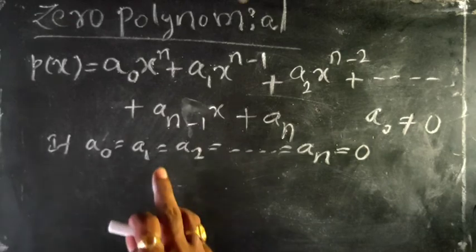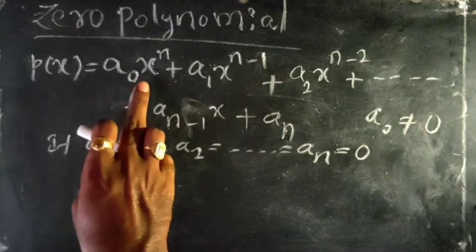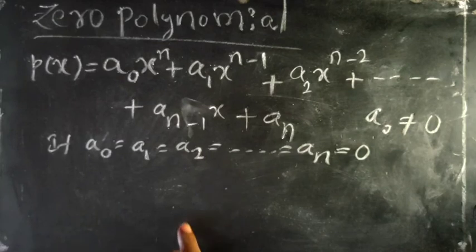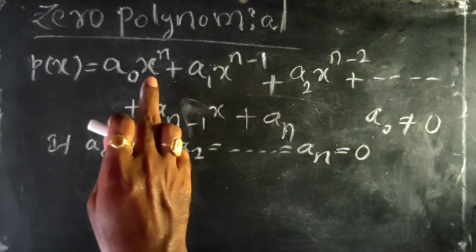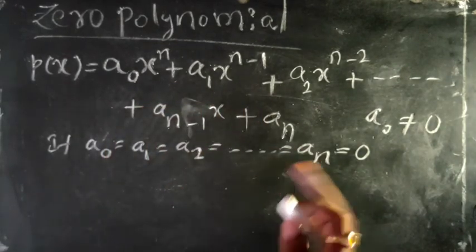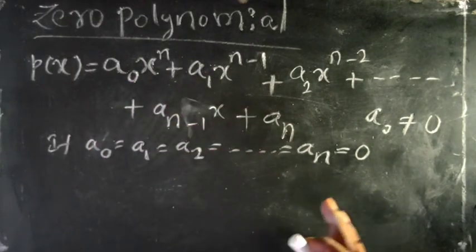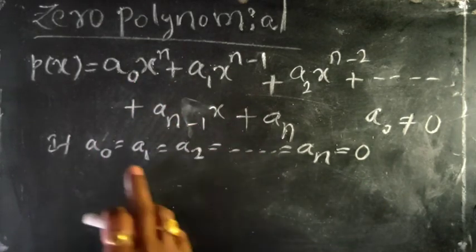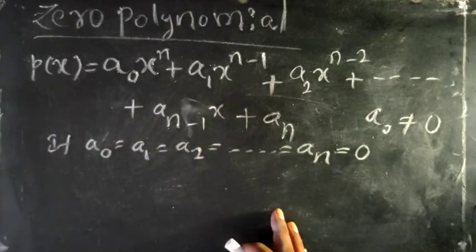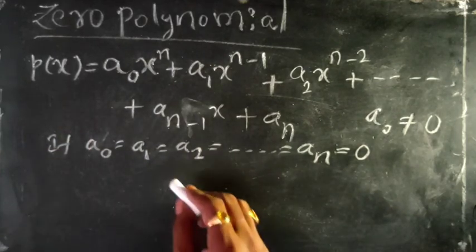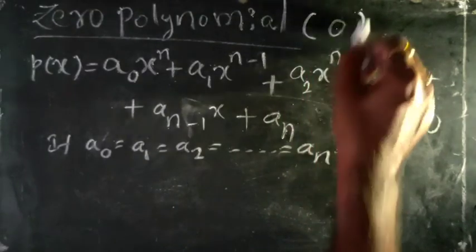Here what I want to say is, if the coefficients of all the terms of this polynomial become 0, then such a polynomial is called a zero polynomial, because the result becomes 0. The zero polynomial is denoted by 0 itself.